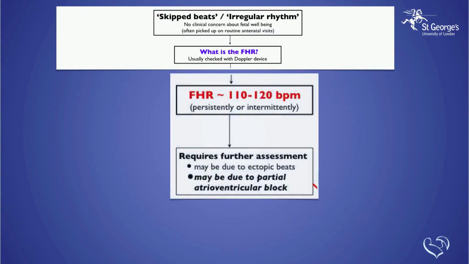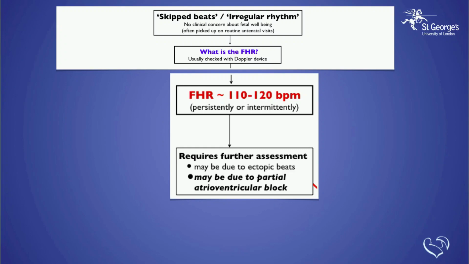And then there's a group in between. When the heart rate is 110, 120, irregular rhythm, that group is probably the group that gets not referred with certain urgency, because the heart rate, yes, is okay, 120 is fine, 110 is not below 100, which is some concept of bradycardia.